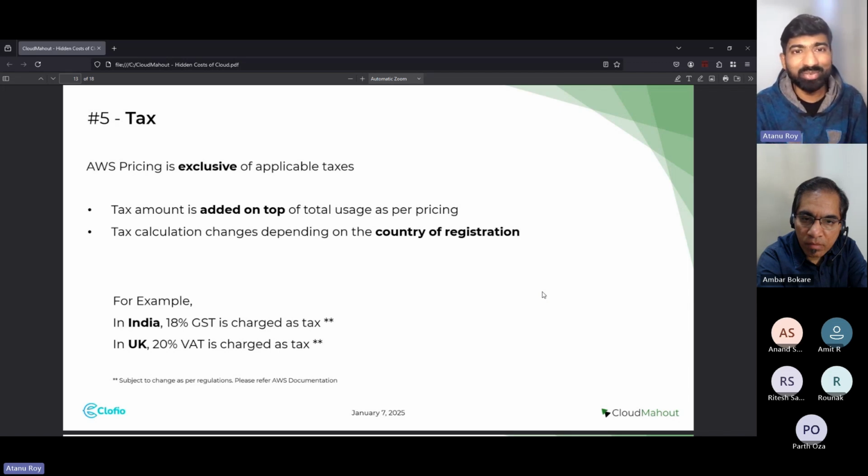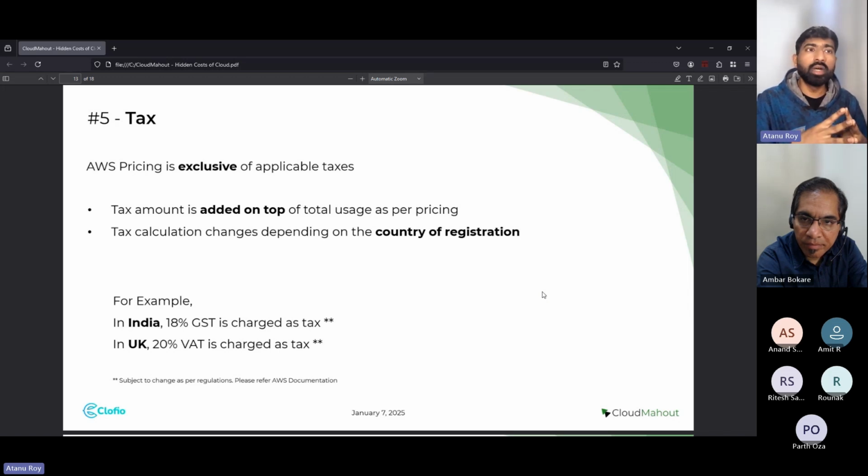Unfortunately, this is the reality of our current world. You are always being taxed, and AWS also charges you a tax, which is not inclusive in your pricing. So whenever you are estimating any kind of cloud pricing within your organization, always factor in the amount of tax you are going to pay. Now I'm going to talk about how tax works within AWS.